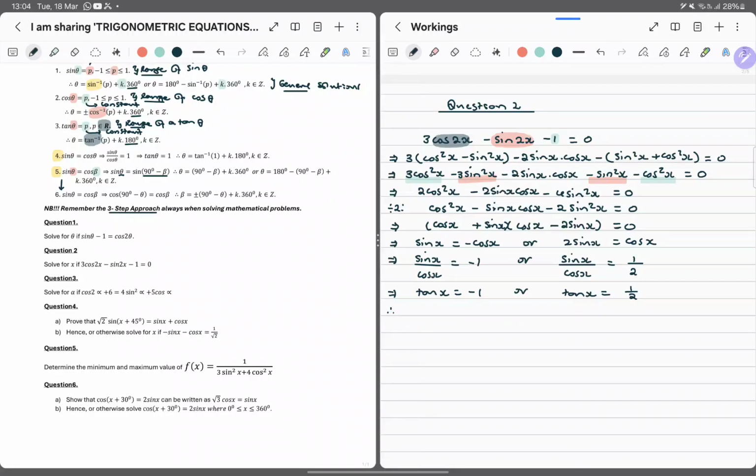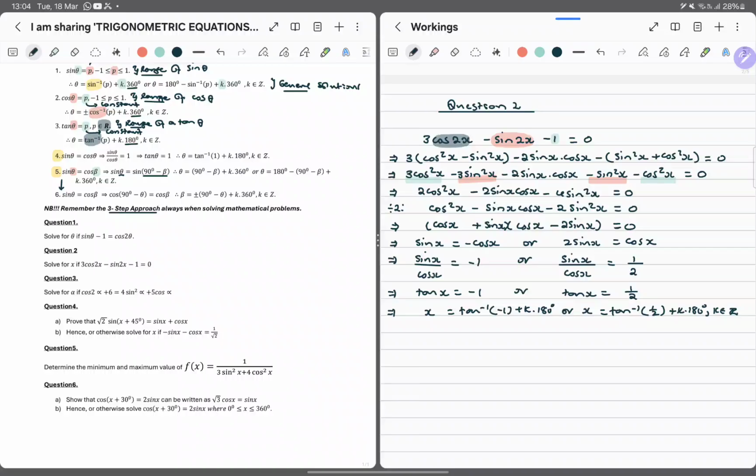Therefore, we know, okay, maybe let's not rush it. So trig equations are a bit naughty. So this is going to be the shift tan of minus 1 plus k times 180 degrees, or x is going to be equal to the shift tan of a half plus k times 180 degrees, where k is an element of integers.